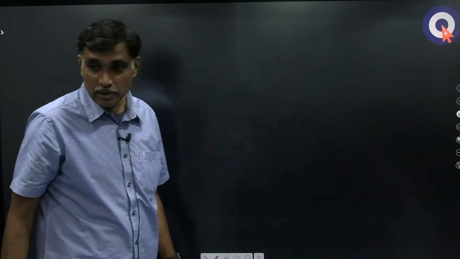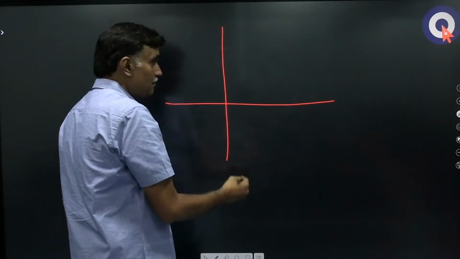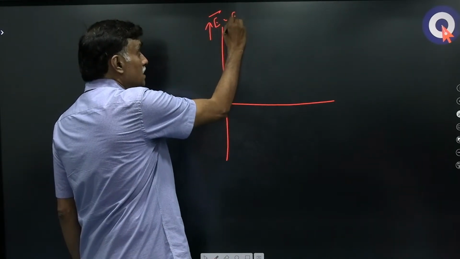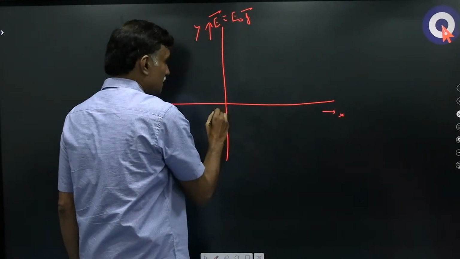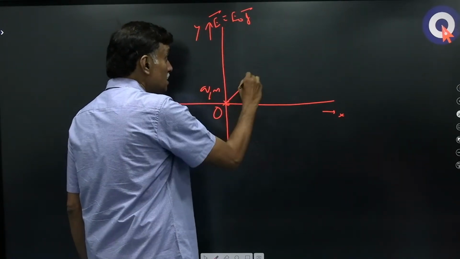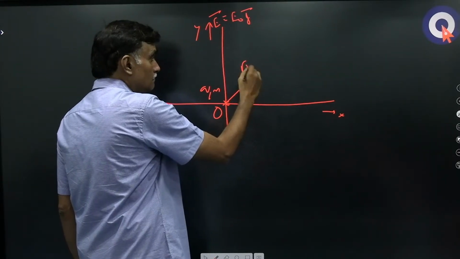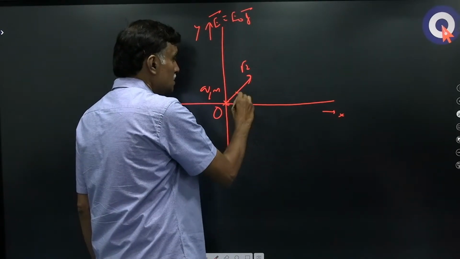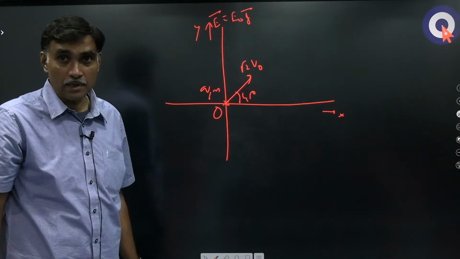One more question I'll give you; we can work it out later, you can ask. Let us say there is an electric field in this direction, E naught j bar. This is the x-axis, this is the origin, and there is a charge q of mass m, and its velocity is in this direction, root 2 v naught, at an angle of 45 degrees.